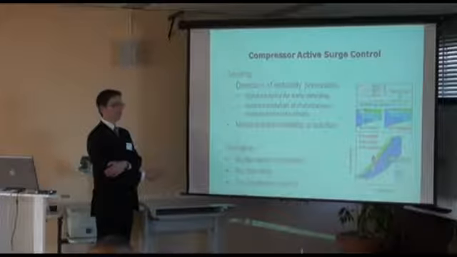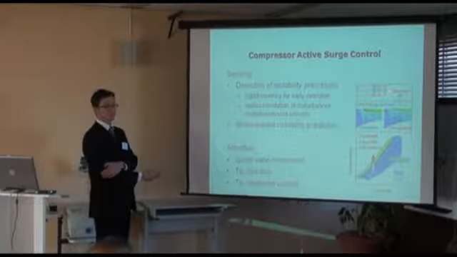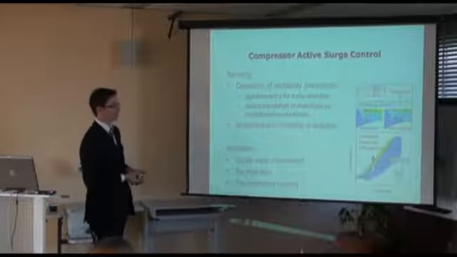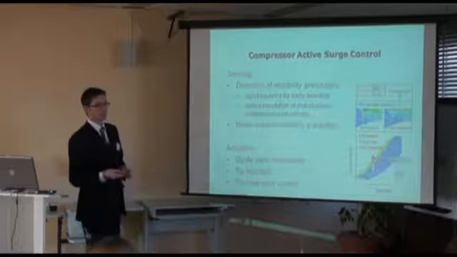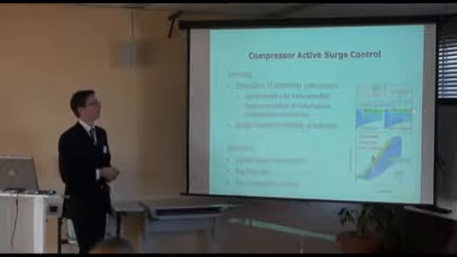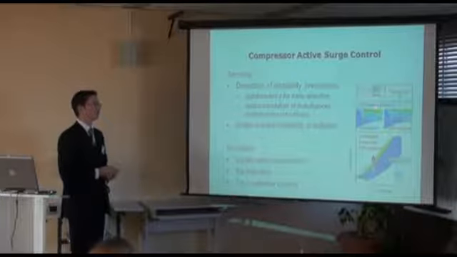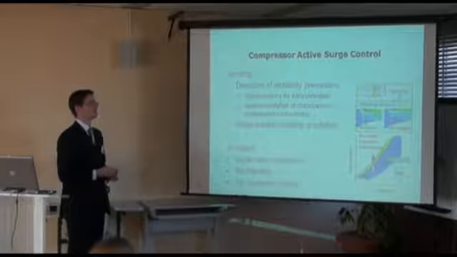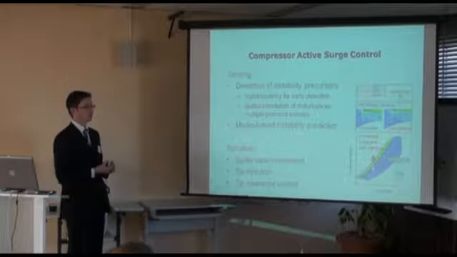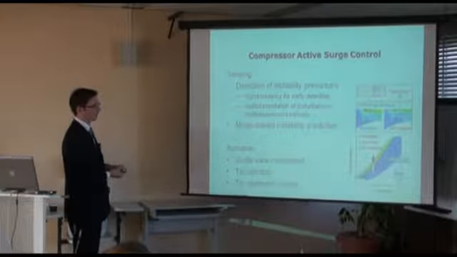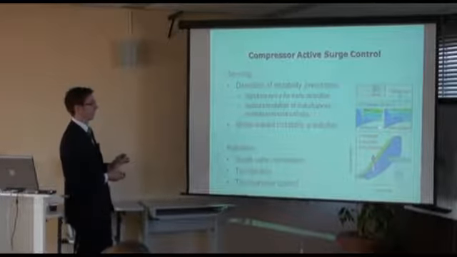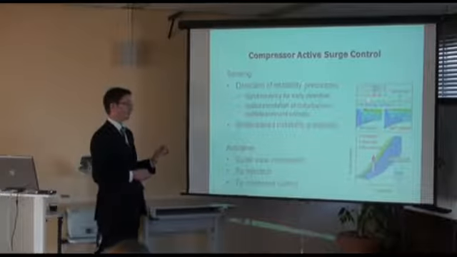So the basic principle is the detection of an instability before the big instability occurs. Then you can activate your jet, blow it into the tip gap region, and what happens is that entropy is very much reduced, flow vortices are reduced, and this gives you a more stable flow at the stability limit.